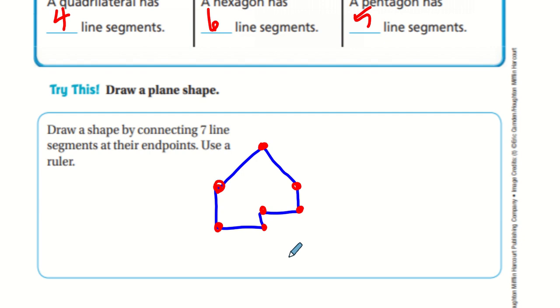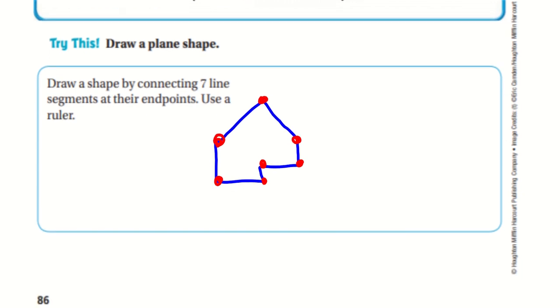That's why I said if you drew a shape before I did, it might not match mine exactly. You just have to make sure that it's connected. There's 7 line segments, which also makes for 7 endpoints, because they all have to be connected at their endpoint. So 1, 2, 3, 4, 5, 6, 7. Make sure you have a 7-sided picture drawn, and then go ahead and go to your next page.